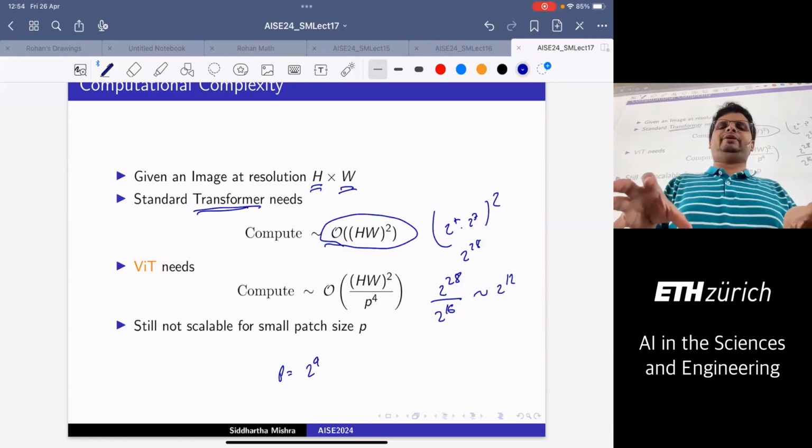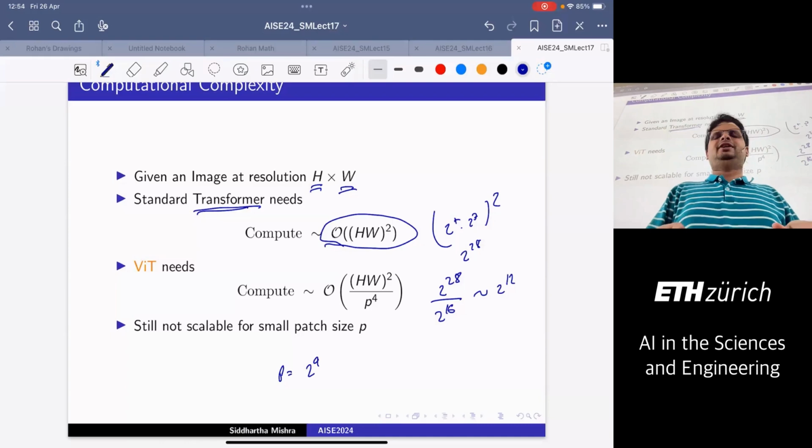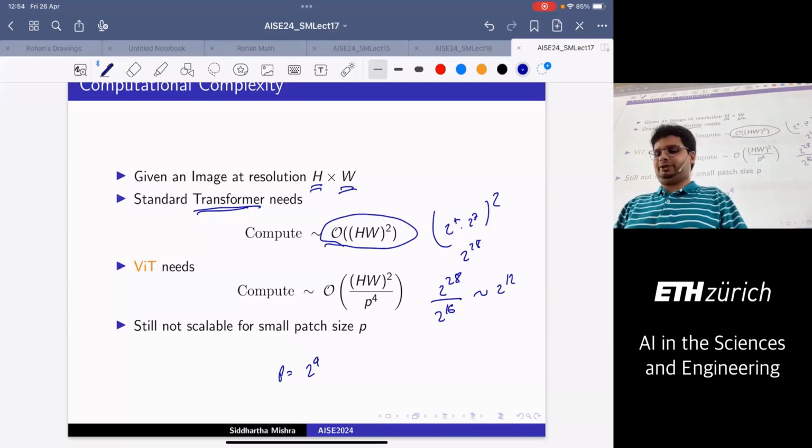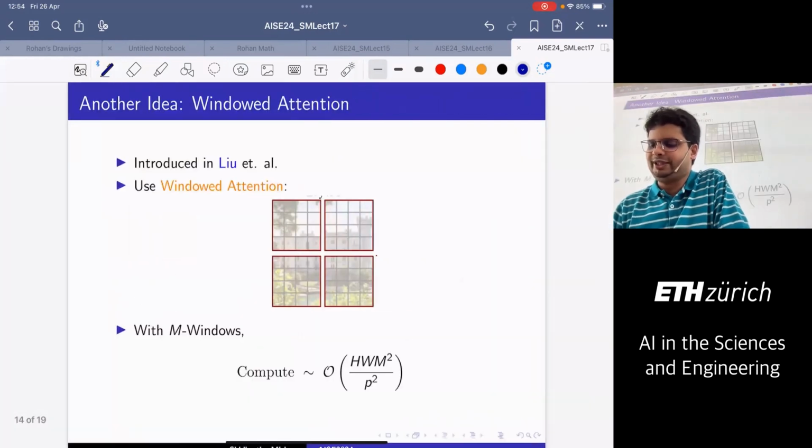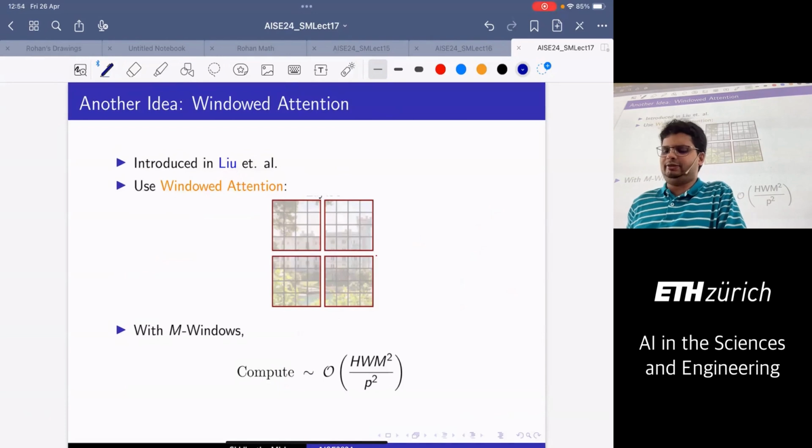So what do you do when you have relatively smaller patch sizes? We have another trick up the sleeve, and this is the one that seems to, at the moment, work the best. Let me just briefly describe it because I have 5 more minutes, and in the next lecture we will focus on it much more. It's a very interesting and very natural idea, very recent in imaging, of course.